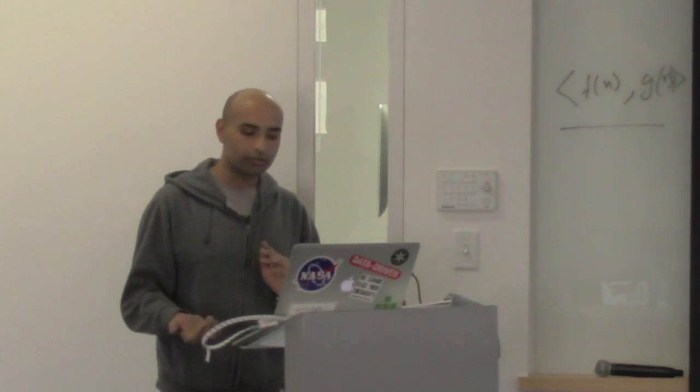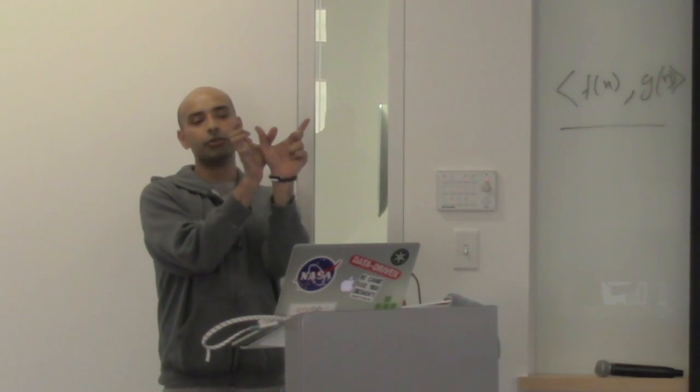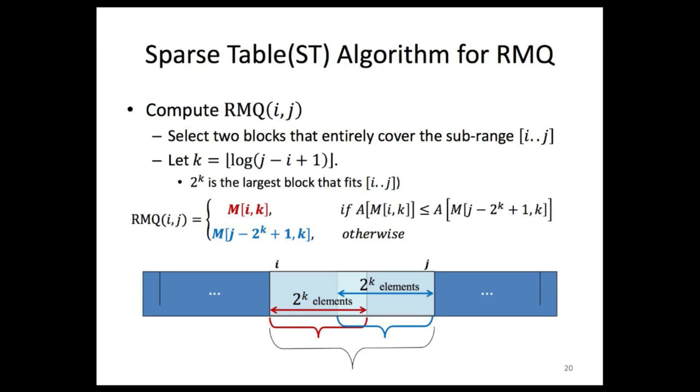So instead, what you can do is find 2 ranges which overlap, and then you know the minimum of those 2 ranges. If the range i to j is composed of 2 overlapping ranges, and you find the minimum of these ranges, then you have found the minimum of the full range.